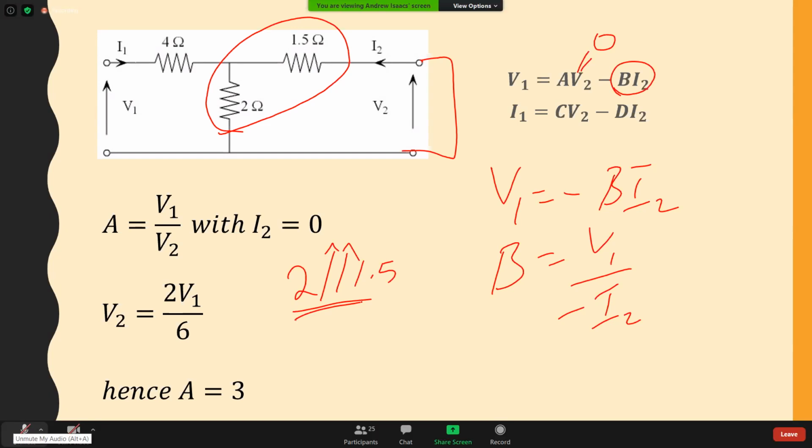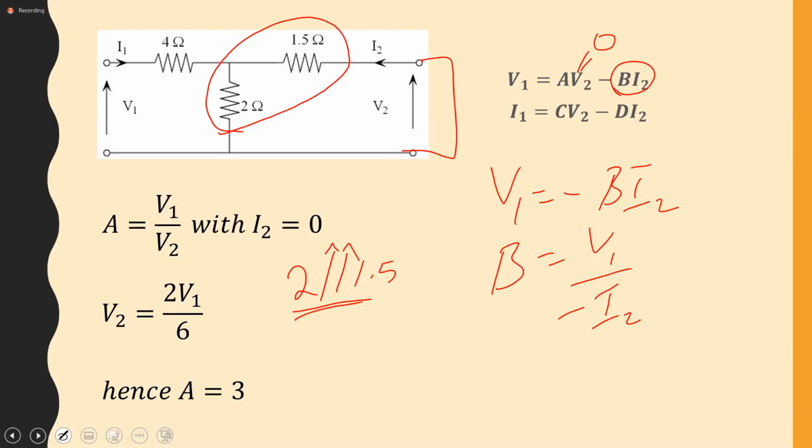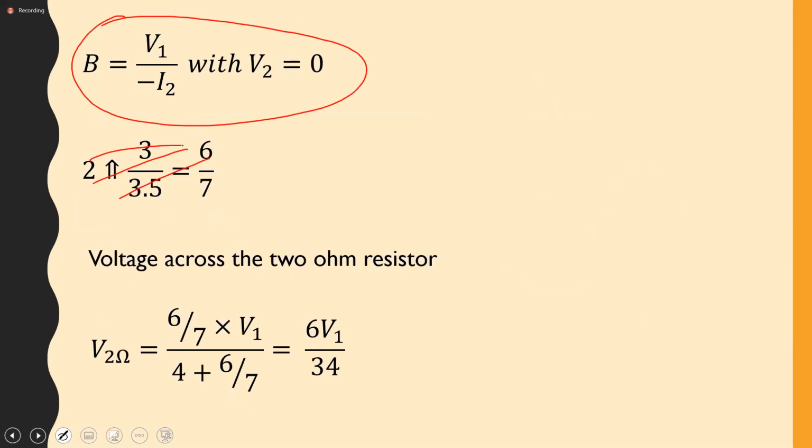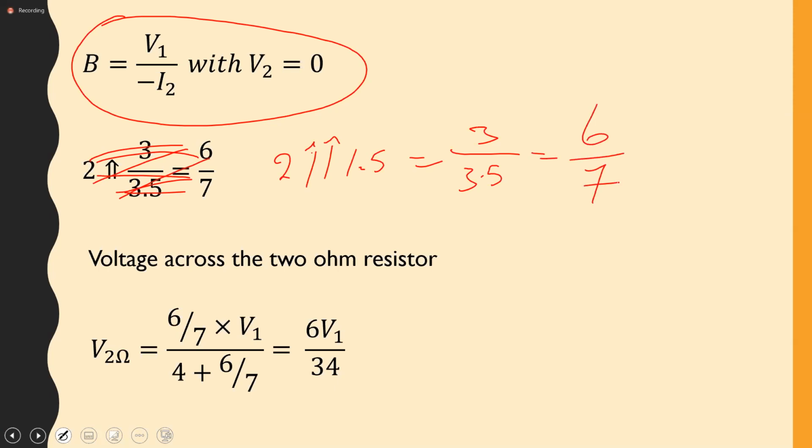Remember what we are getting at is B. So it's 2 in parallel with 1.5, which is product over sum, 3 over 3.5, which is equal to 6 over 7. So that's the correction for that.